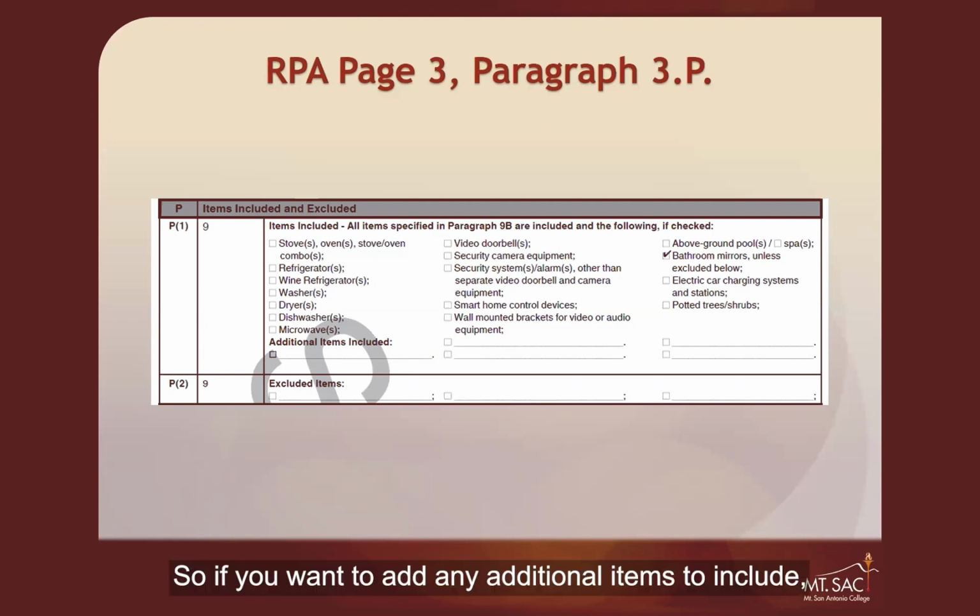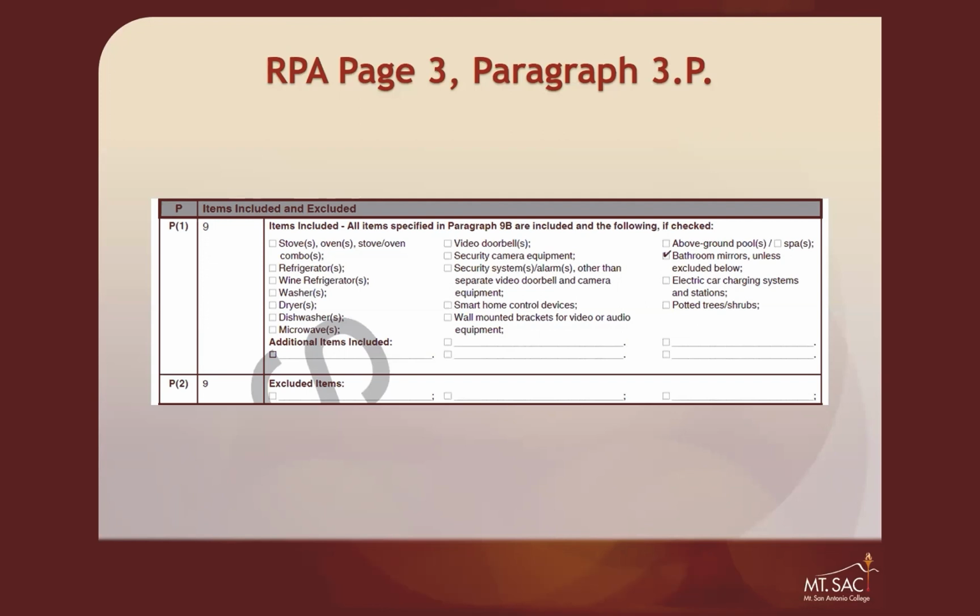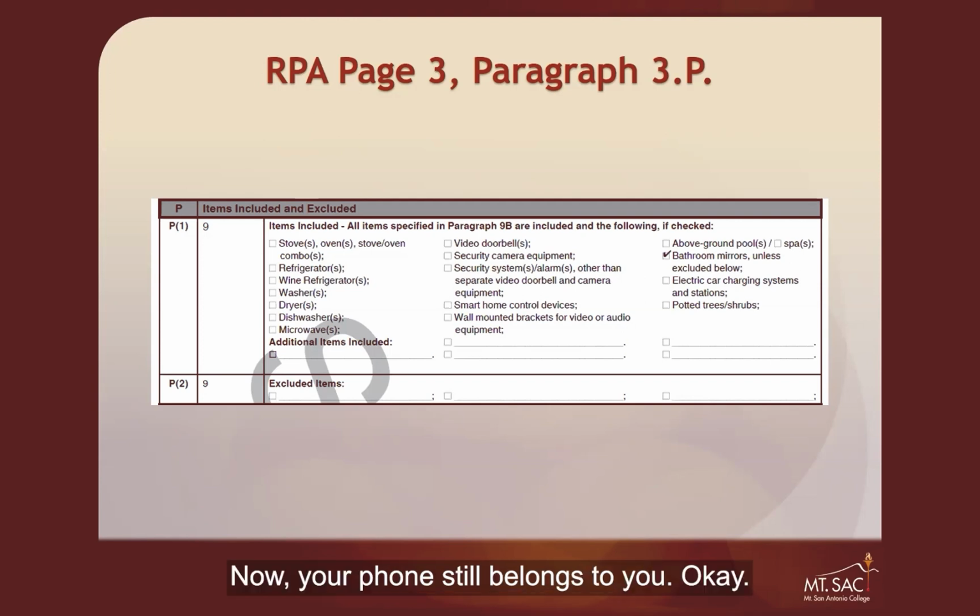So if you want to add any additional items to include, you can in P1, and then P2, excluded items. And we'll get into more detail on all of this, plus the issue of stuff in the cloud to operate your smartphone. That's all included now. Now, your phone still belongs to you, okay? You still get to keep your phone.